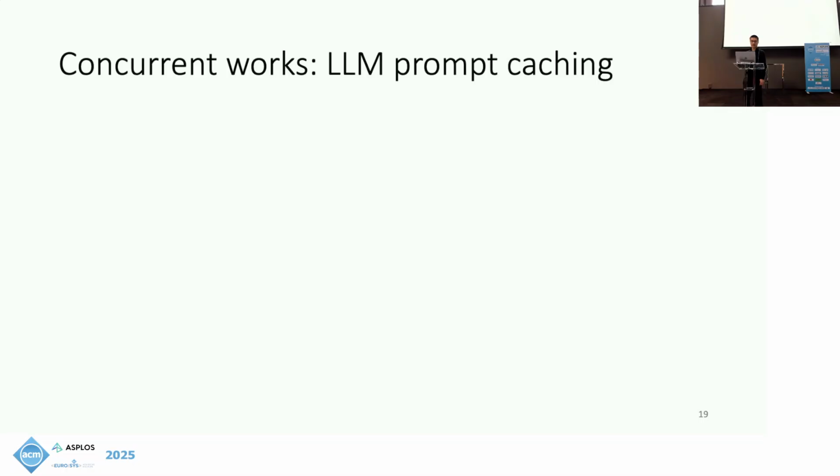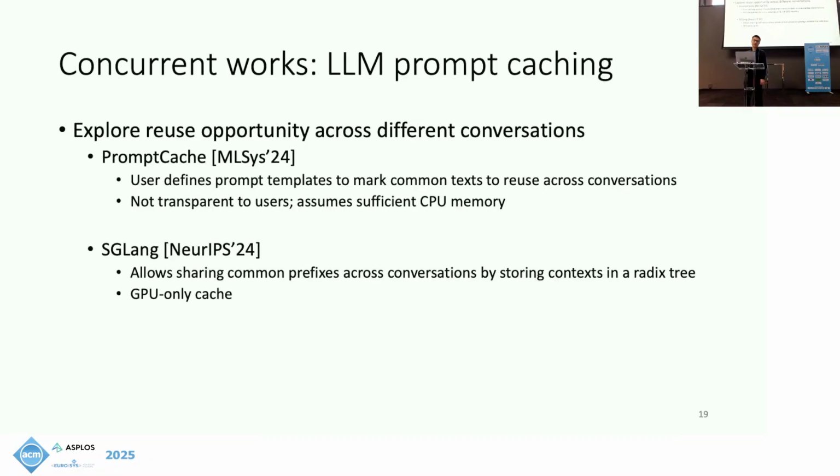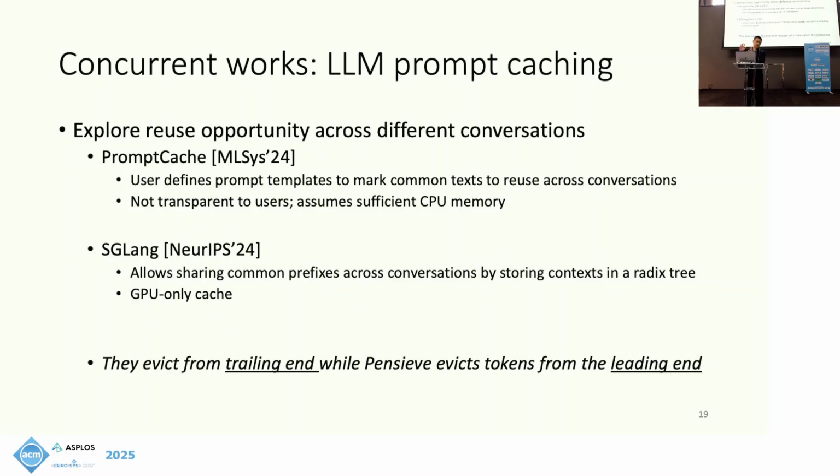The second line of work tries to explore this reuse opportunity across different conversations, including PromptCache and SGLang. They target applications where different conversations are likely to share a common prefix. So it makes sense for them to evict from the trailing end and preserve the prefix. While for us, we evict tokens from the leading end because we are targeting this chatbot scenario where different users are unlikely to share exactly the same chat history.